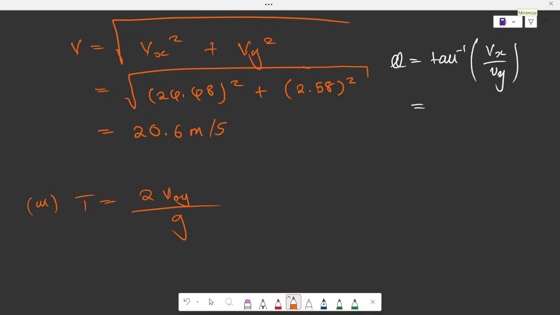Replacing the values that we already have, this is 2 times 12.95, and we're dividing by 9.81, and this is giving us a value of 2.93 seconds as our total flight time.